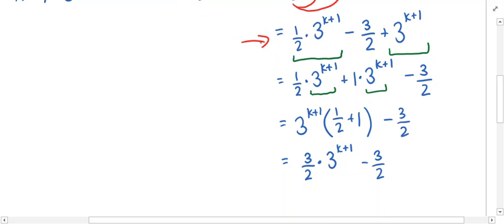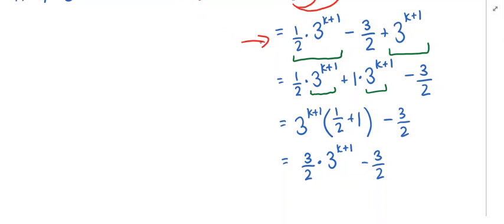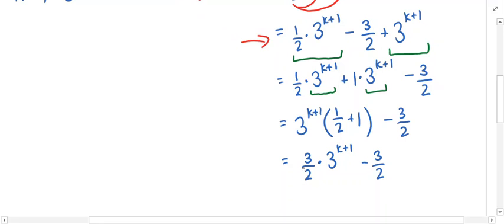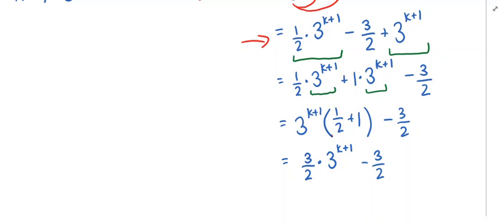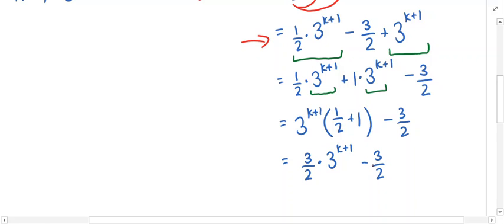If you have 1/2 of a term and you're adding another whole one, that's going to be 3/2 terms. So long story short, when you combine the like terms, you get 3/2 times 3 raised to the k plus 1 power. Don't forget about the constant minus 3/2 that's hanging around.